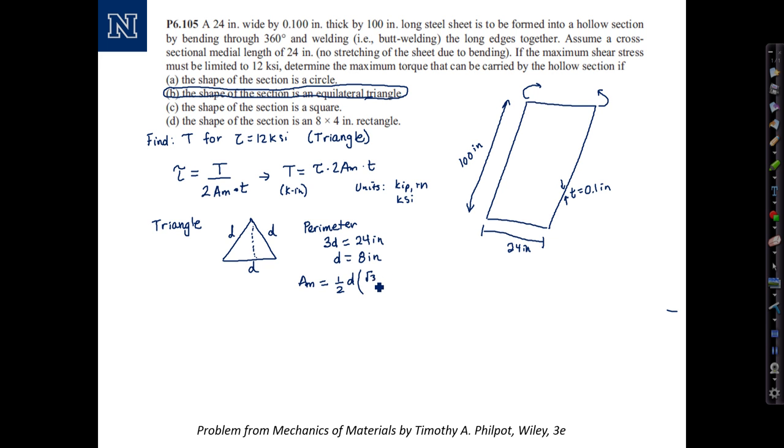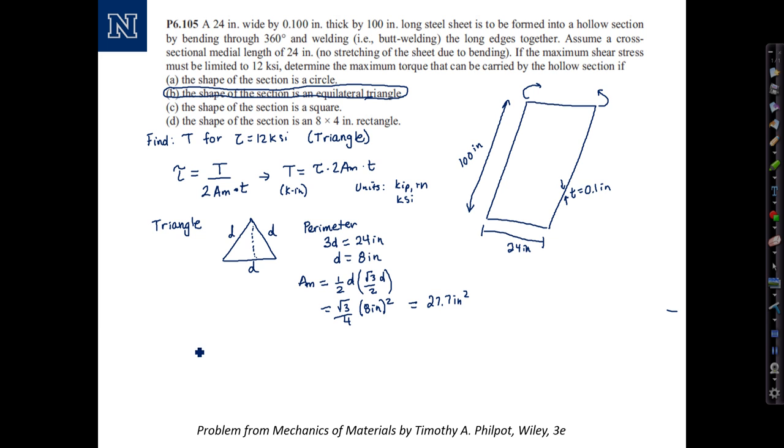So √3 over 2 times D will give us the area of the triangle. Simplifies to √3 over 4 times D squared, which was 8 inches squared, and that gives us an area of 27.7 inches squared.